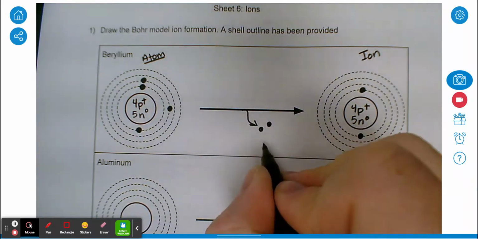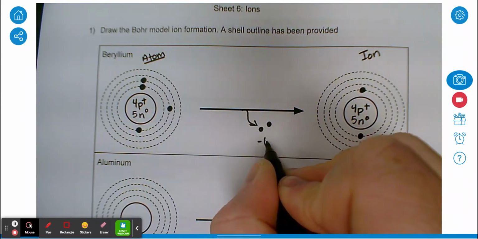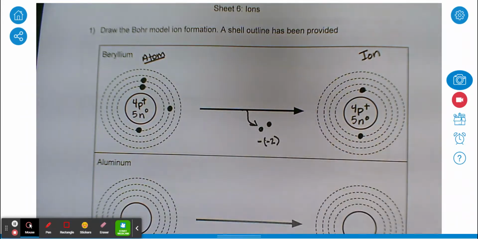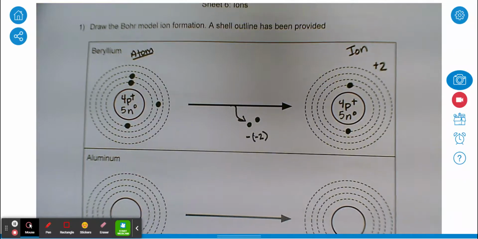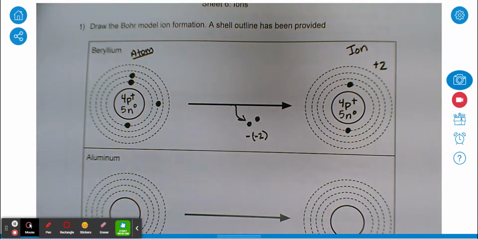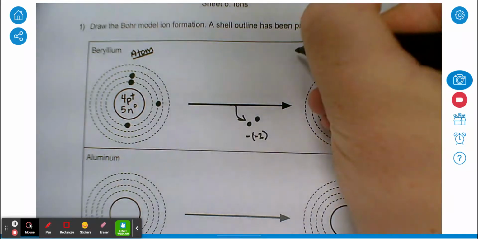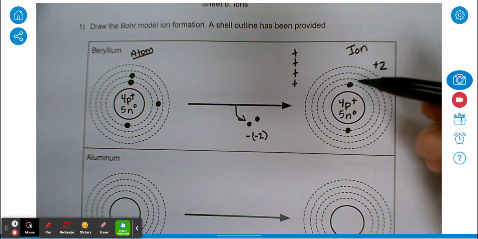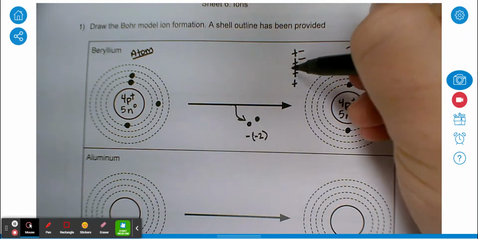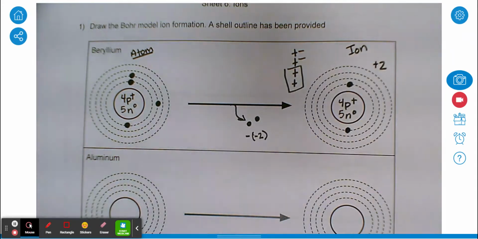Now, remember, losing 2 is really losing 2 negative charges. So minus 2 is an ion with a plus 2 charge. If you want to see that in the other form, I have 4 positives over here, 2 negatives, so my net charge is plus 2.